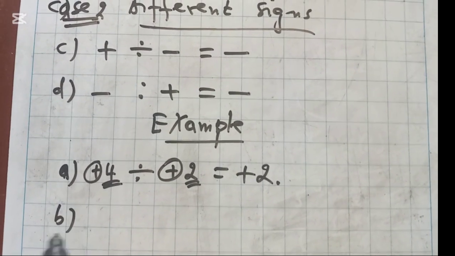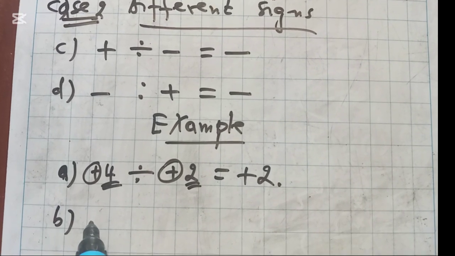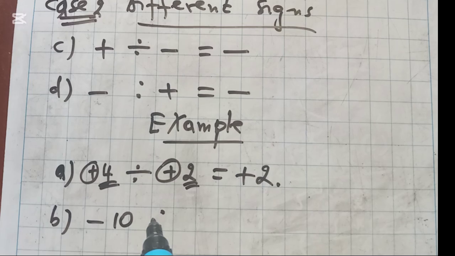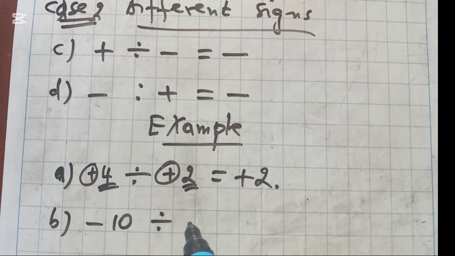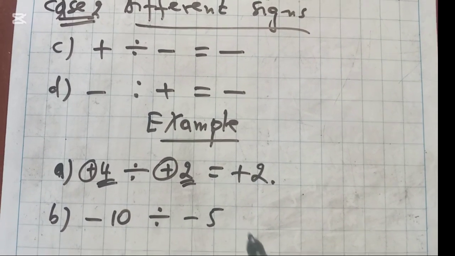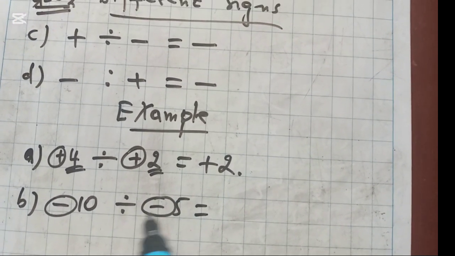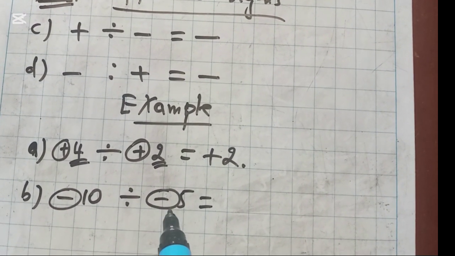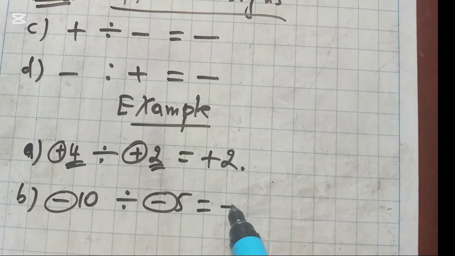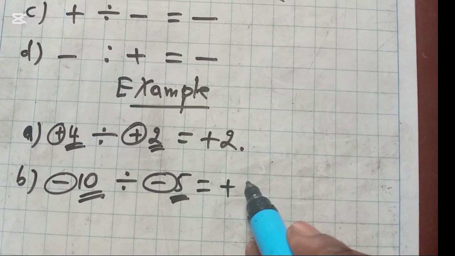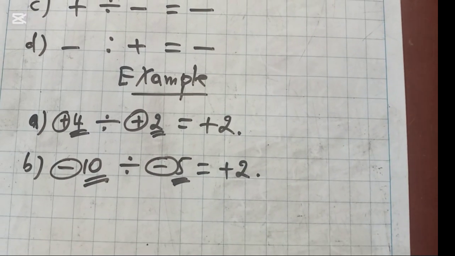Like number B, here you have negative 10 dividing by negative 5. This is a negative, this is a negative. Now negative dividing by another negative is giving us positive. Now 10 divided by 5 is giving us 2.